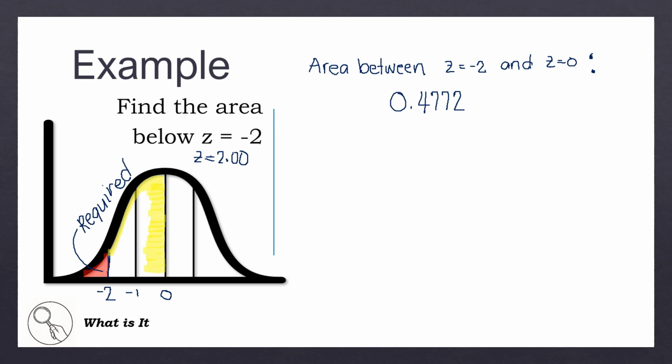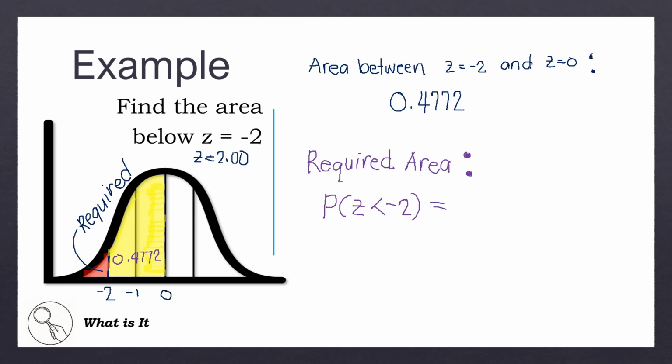Alam natin na ang area below z equals 0 is 0.5. Para ma-solve natin ang required area, we will just subtract 0.4772 from 0.5. So the area below z equals -2 is 0.0228.